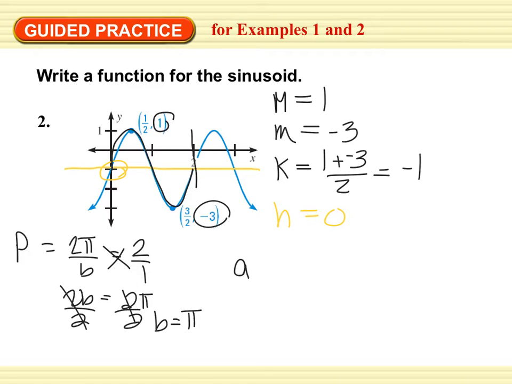My amplitude is maximum minus minimum over 2. So that's 4 over 2 is 2. And it's not reflected, so my A stays positive, and I believe I have my answer.